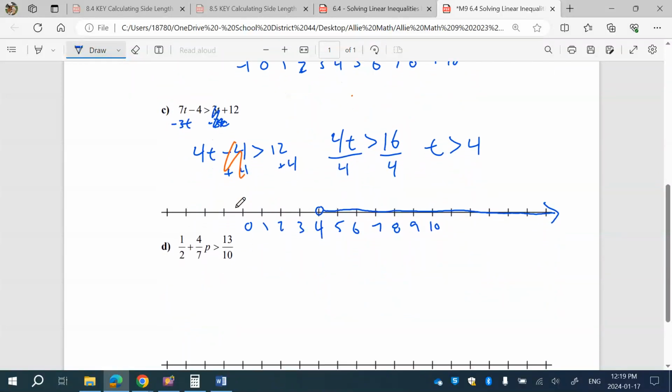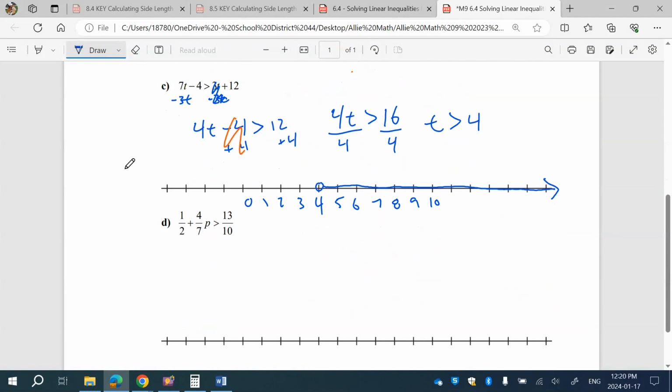Okay, and our last one, the most complicated of the bunch. Remember, I think we did this last lesson. The best way to deal with this is to get the lowest common denominator. So what's the first number that 2, 7, and 10 go into? It's a big number. It's going to be 70, which is divisible by 10, by 7, and by 2.